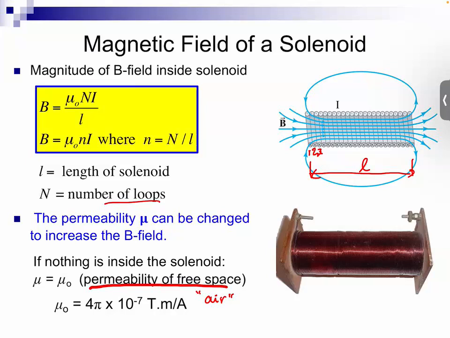It's a property that you can look up in some tables. But what this tells us is if you put a material inside the solenoid, then you can influence how much magnetic field is created by that solenoid that's carrying a particular current I.